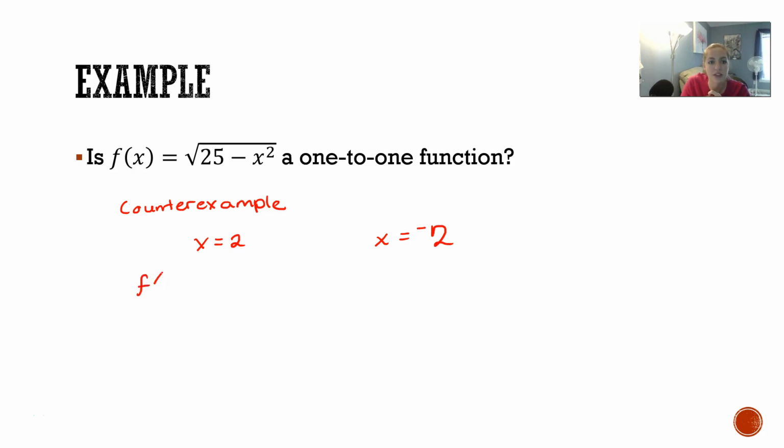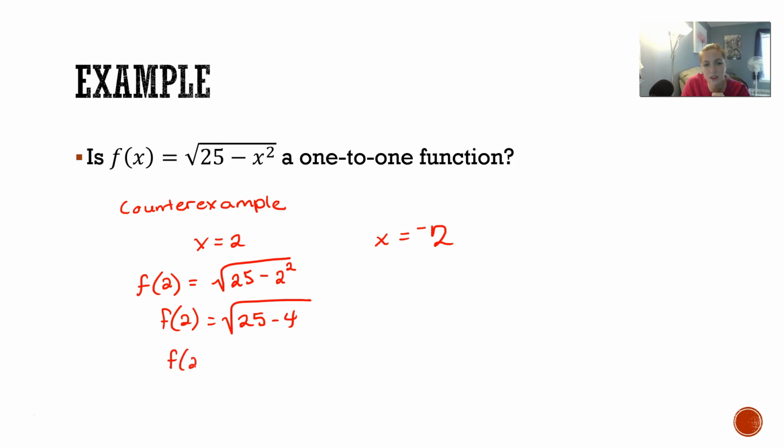So f of 2 equals square root of 25 minus x squared. Plugging 2 in there, f of 2 equals square root of 25 minus 4. So f of 2, positive 2, is the square root of 21, which doesn't turn out to be a pretty number.